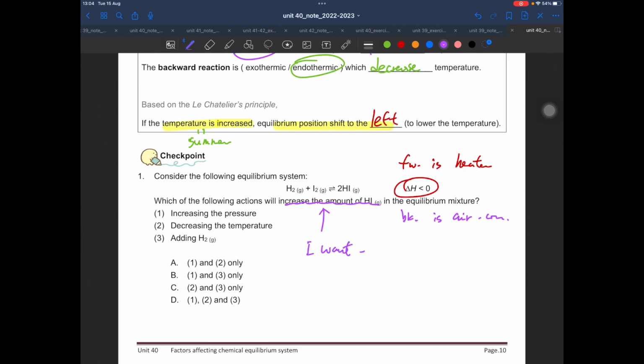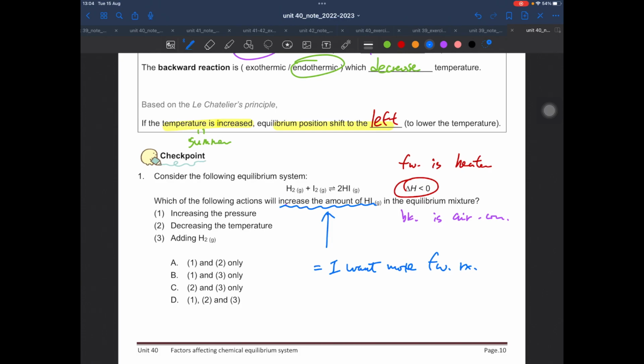That means I want more forward reaction, right?